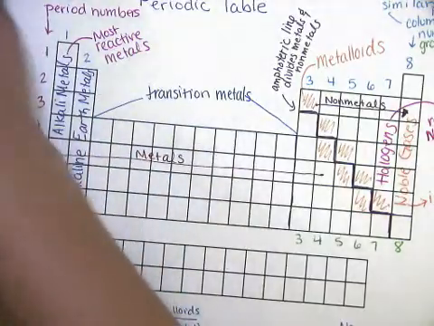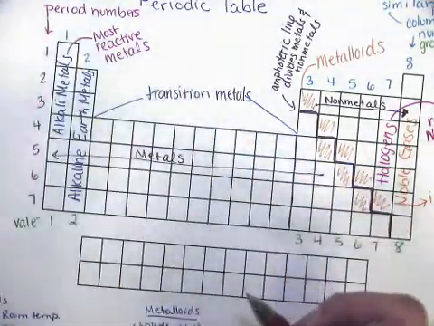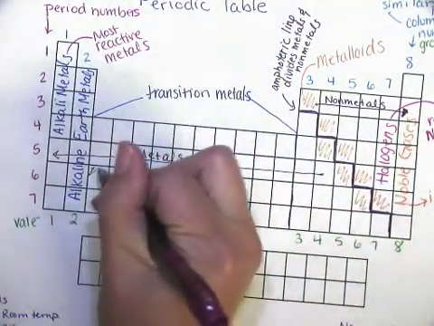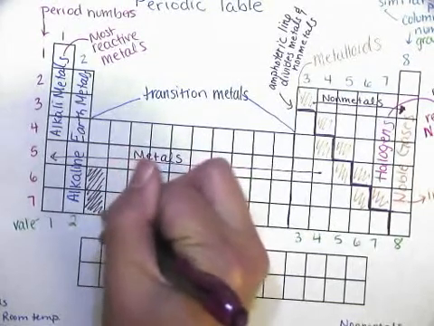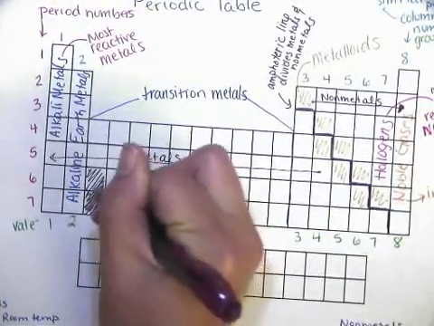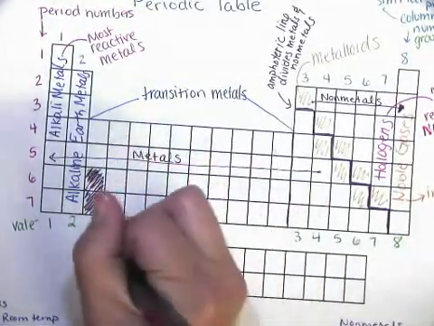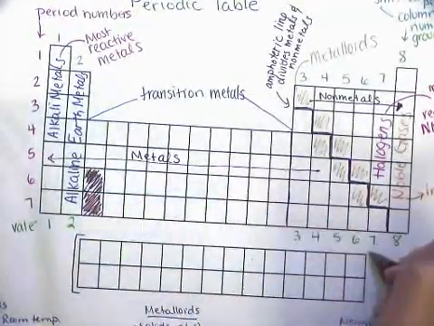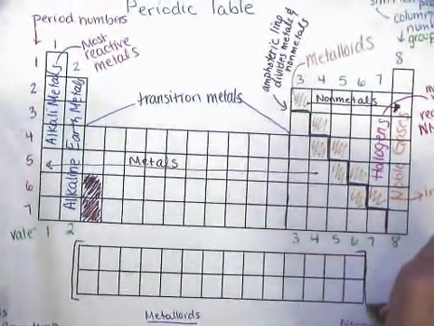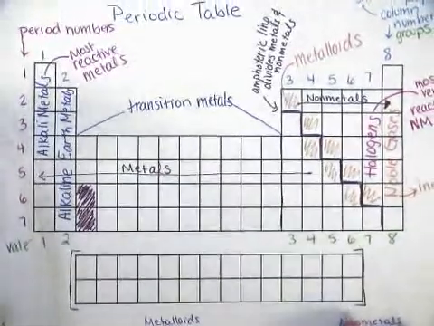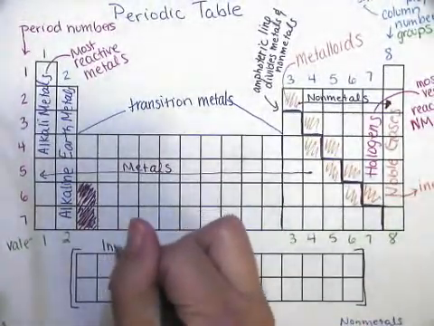In our transition metals, we also have something called inner transition metals. So you notice on your periodic table, these 2 boxes don't actually have elements in them. That is because here we really insert this whole line of inner transition metals.